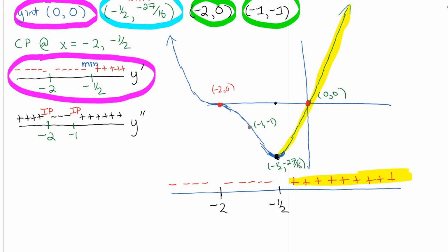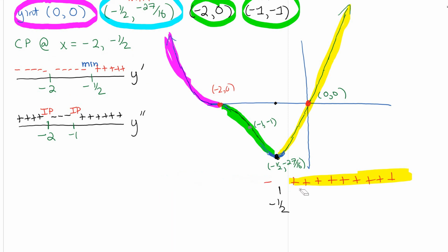So that works with my first derivative test. In the middle region, the slope has to be negative, and this looks like to be a negative slope. So that works out great. And finally, in this region right here, this purple region has to be a negative slope, and this right here does indeed look like a negative slope. So the graph looks pretty good based on my first derivative test.